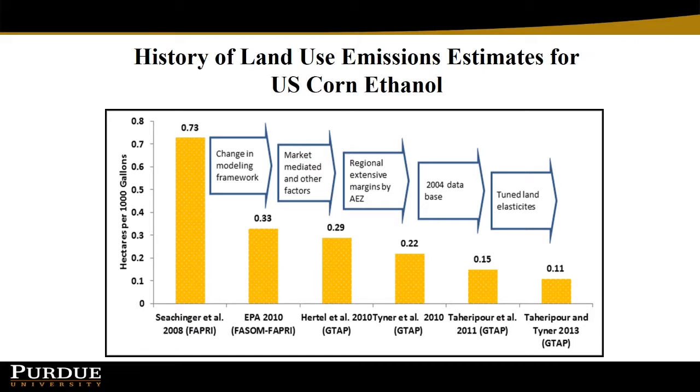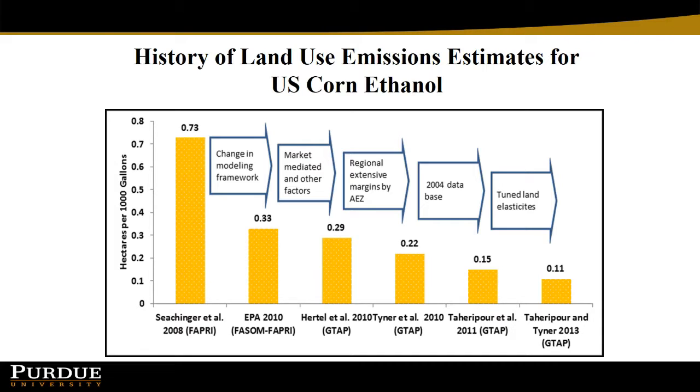And then after that paper was published, several people started using different models, and you can see some of those. FASM was used, and they showed that the land use implication for corn ethanol is not that high. Then Hertel used the GTAP model, which I'm going to explain a little bit more about, and he showed something in a range close to the FASM model.